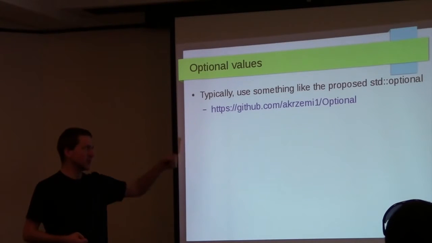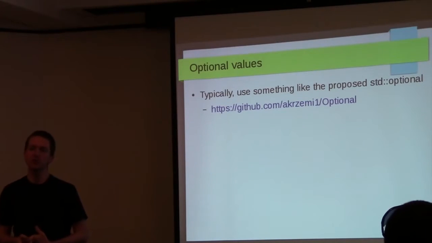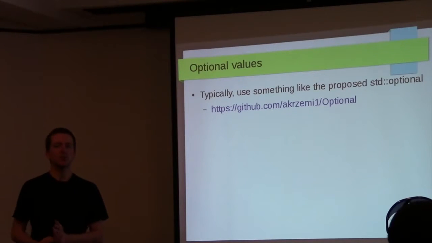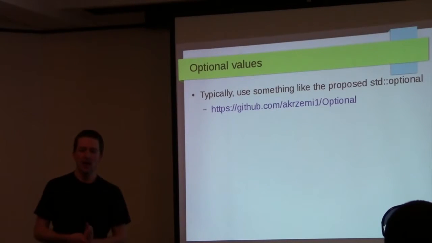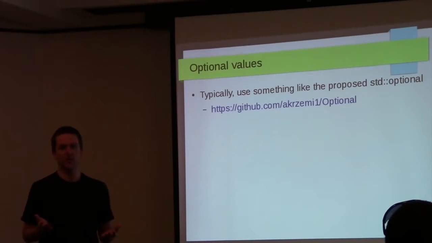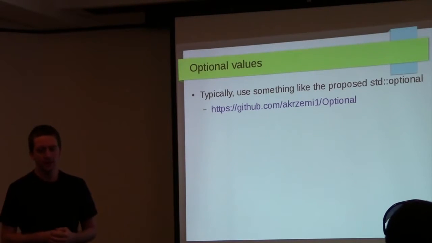There's a reference implementation of it there, or you can use the version in Boost. The one important thing to note is that as of Boost 1.55, optional does not yet support move semantics, so that might be an important factor in weighing the performance implications of doing that.